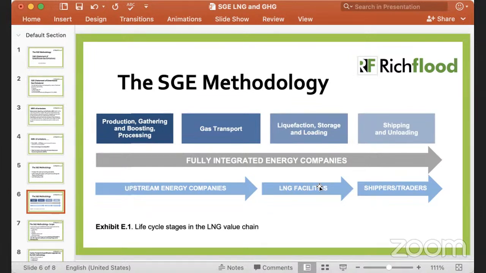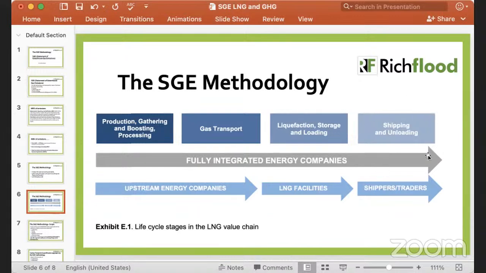At the LNG facility, you have the liquefaction, storage, and loading. And at the upstream energy companies angle, you have the production, gathering, and boosting processing. And then you have the gas transport itself. So this is for a fully integrated energy company.